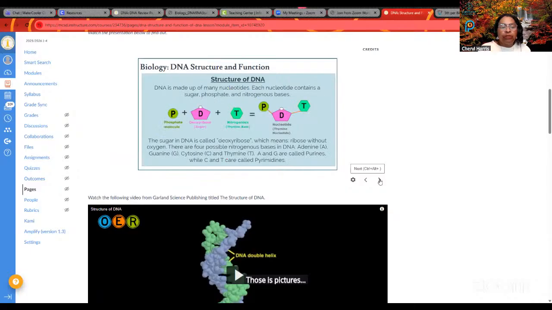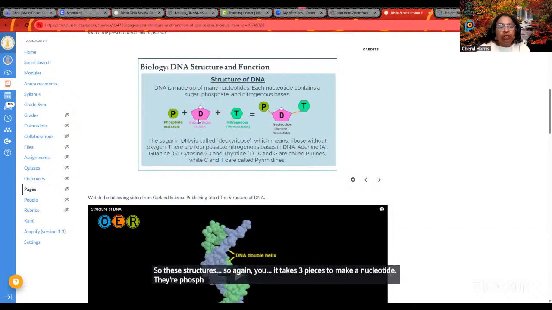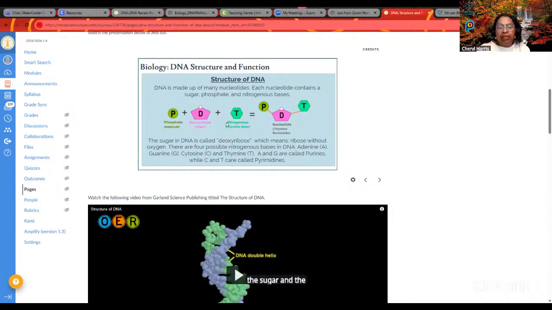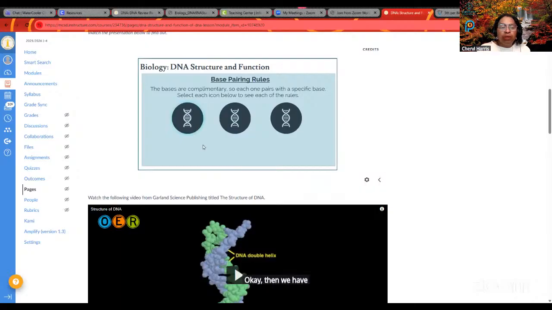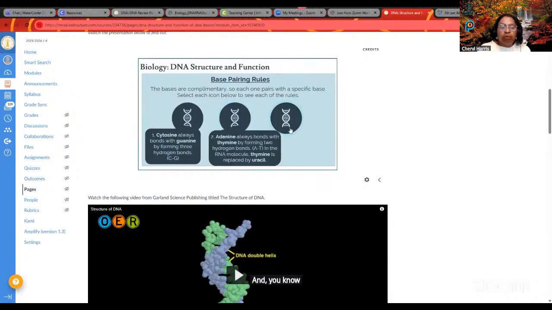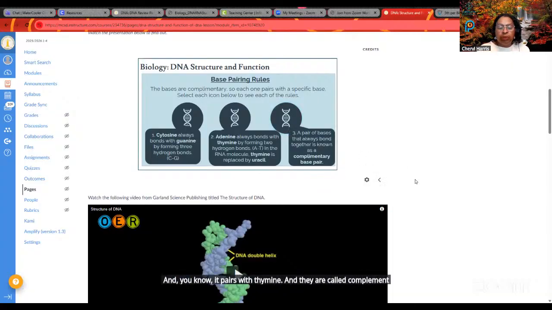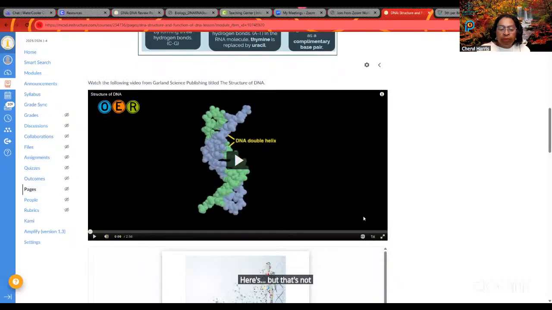All right, so I'll go back and look at these pictures again. So these structures, so again, it takes three pieces to make a nucleotide, the phosphate, the sugar, and the nitrogen base. You put them all three together and they make a nucleotide. Okay, then we have base pairing. Cytosine always pairs with guanine, adenine always pairs with thymine, and they are called complementary base pairs, but that's not what we're looking for.